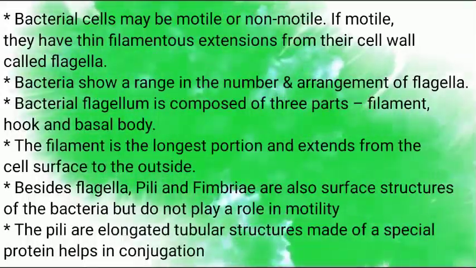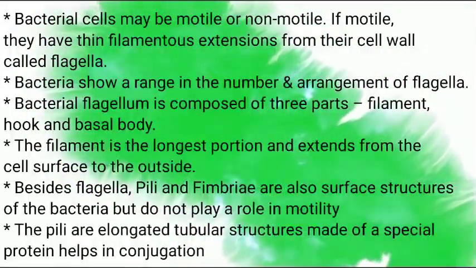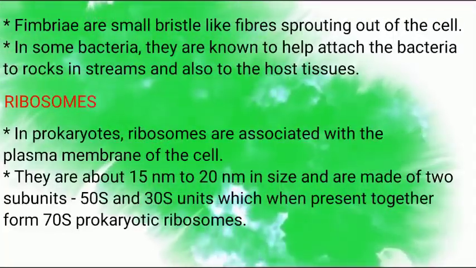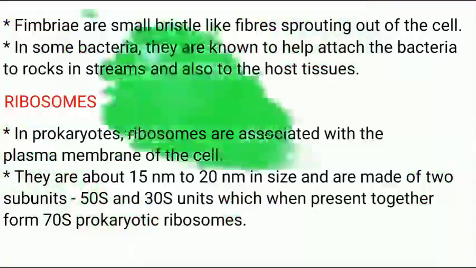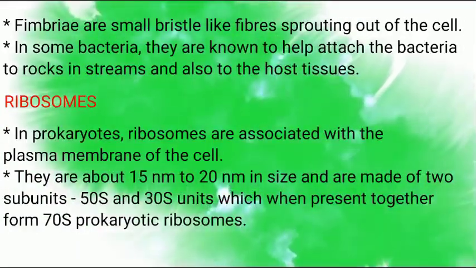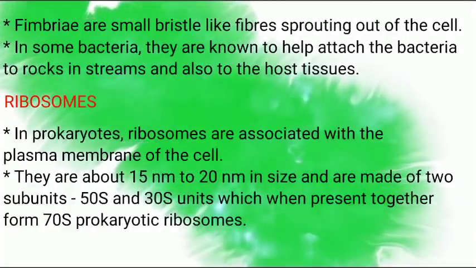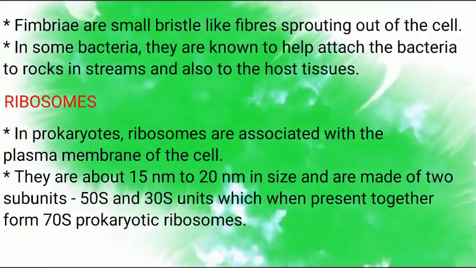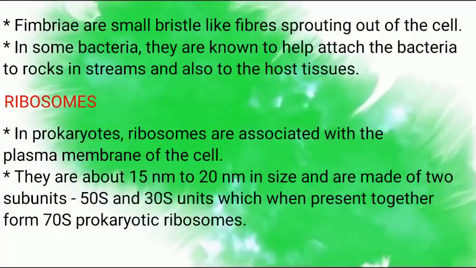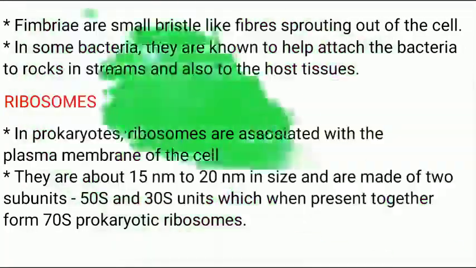The pili are elongated tubular structures made up of a special protein. The fimbriae are small bristle-like fibers sprouting out of the cell. In some bacteria, they are known to help attach the bacteria to rocks in streams and also to host tissues. Fimbriae are small bristle-like fibers in bacteria which help in attachment.